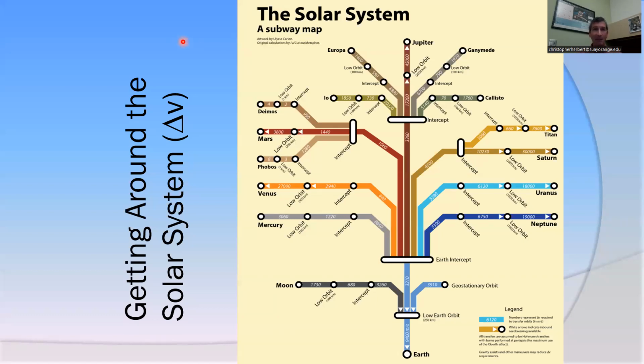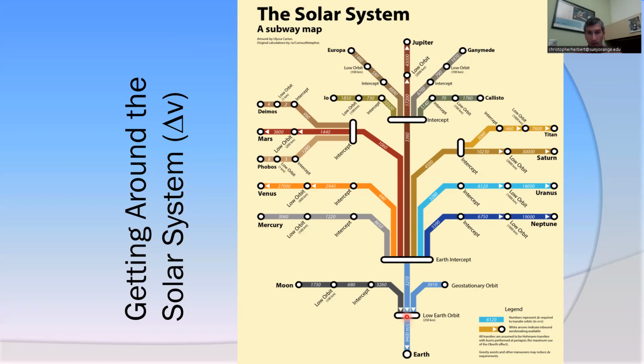This is a really neat map. This is called the subway map of the solar system, and this was done by, I'm not going to do a great job of pronouncing their name, but they showed here what the costs are, almost like if you were in a subway system, what it would take to get from one place to the other. And you can see to go from Earth to low Earth orbit, it's 9,400 meters per second. That's a minimal cost.